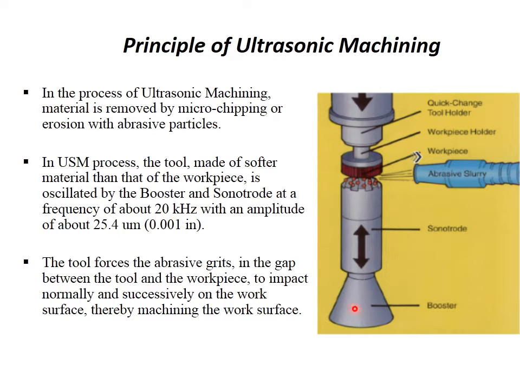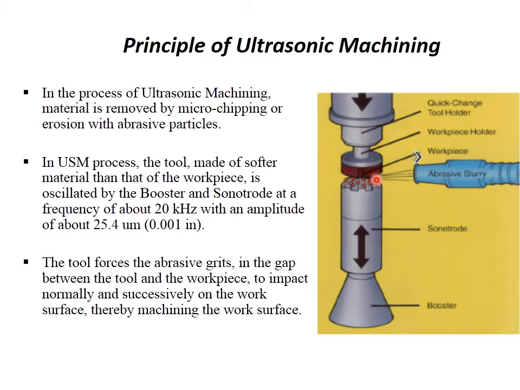So this is the principle of ultrasonic machining. The most important things are the tool, the gap between the workpiece and the tool, and finally the abrasive slurry, right? Basically, ultrasonic machining is microchipping or erosion with abrasive particles. Why is it microchipping or erosion?